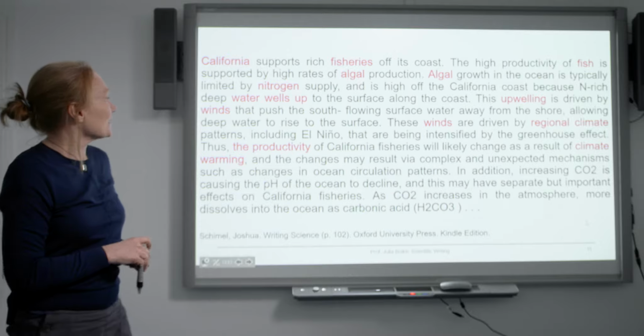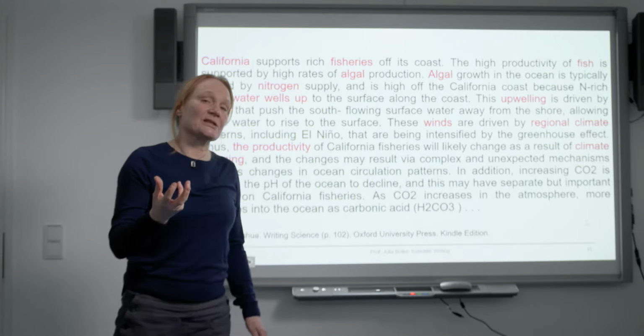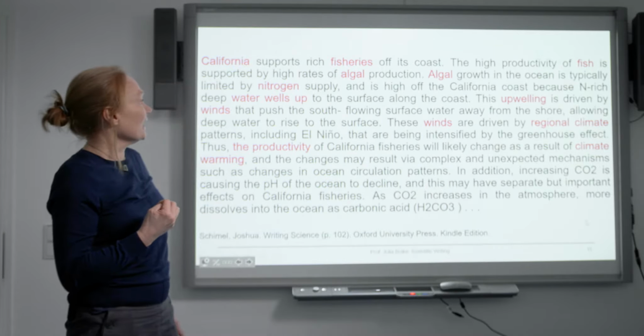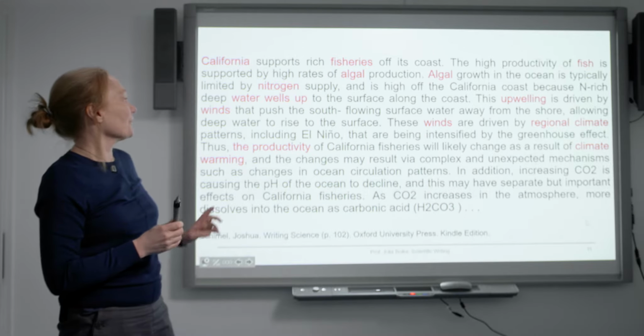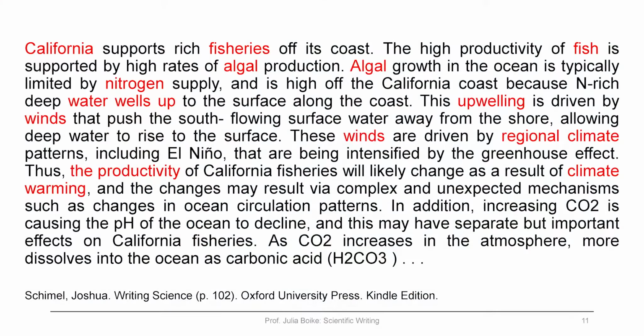Here again, the subject of the sentence is highlighted in red, and you can see from the highlights: California fisheries, fish, algae, again algae, nitrogen, productivity, regional climate, and so on. These are thematically connected, they don't exclude one another, like I'm not talking about something completely off topic.